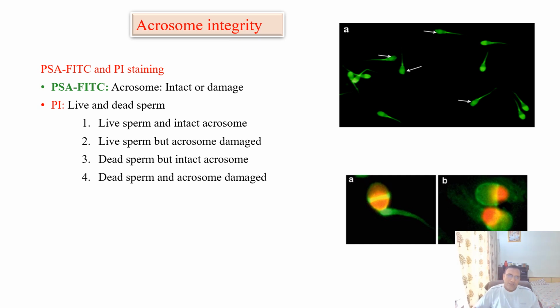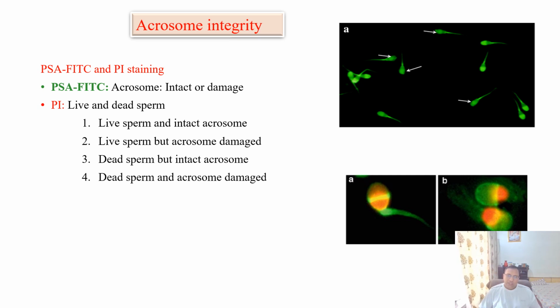Now, second example, we will see the acrosome integrity. Normally, by Giemsa stain, we stain and we know whether the sperm's acrosome is intact or damaged. But fluorescence also we can observe. When the fluorescence is attached with PSA or PNA, this PSA and PNA penetrate the acrosome.